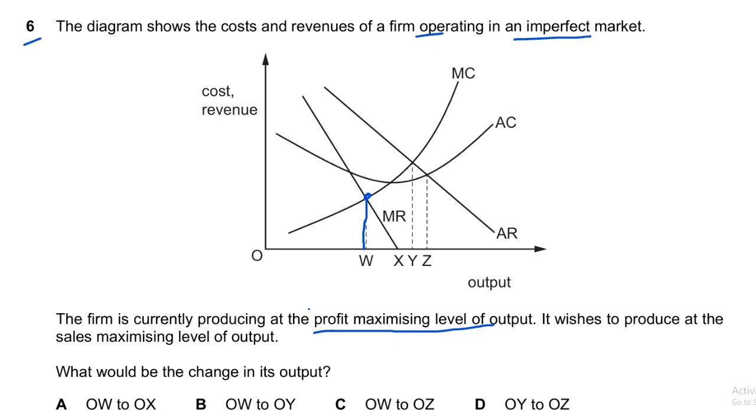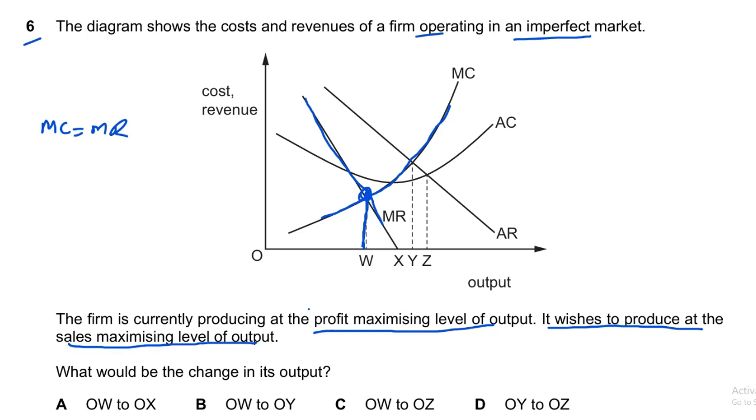The condition of profit maximization is marginal cost equals marginal revenue. This line is marginal revenue, and this is marginal cost. So marginal cost and marginal revenue meet each other at this point, so OW will be the profit maximizing output. Okay, so now moving to the next part, it wishes to produce at the sales maximizing level of output.